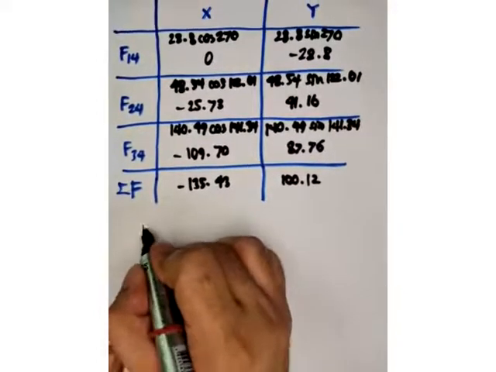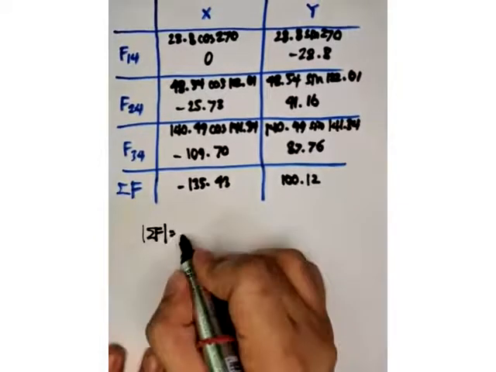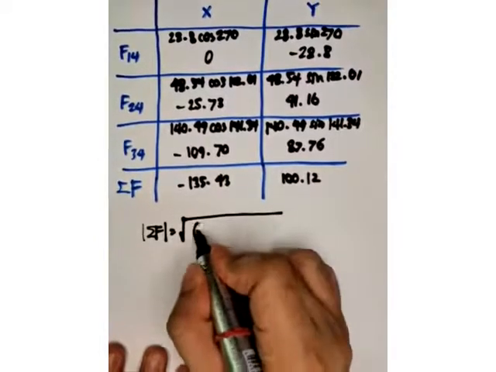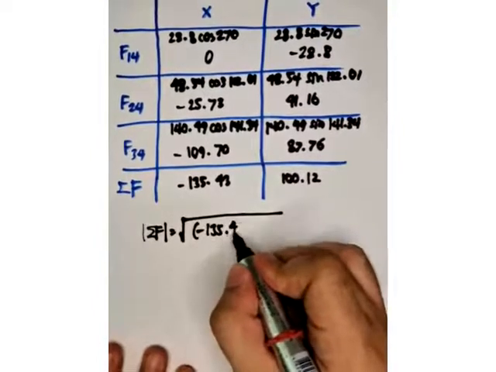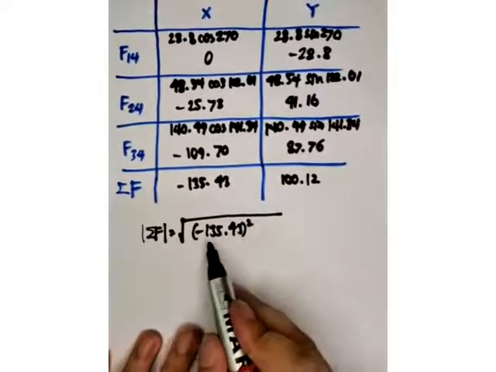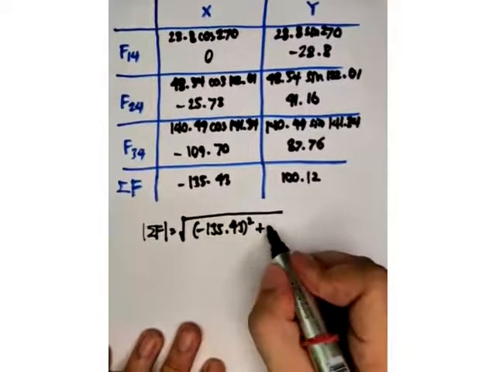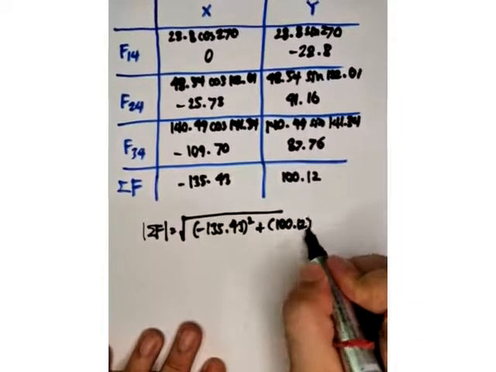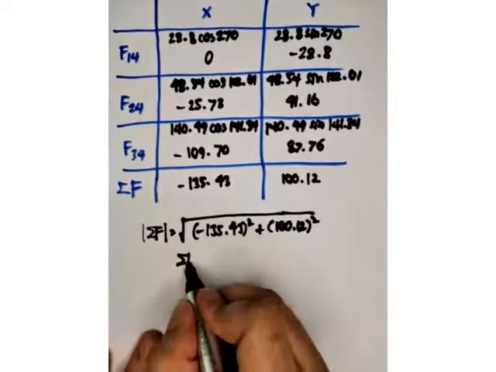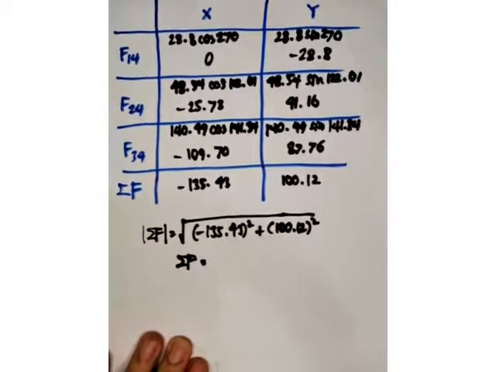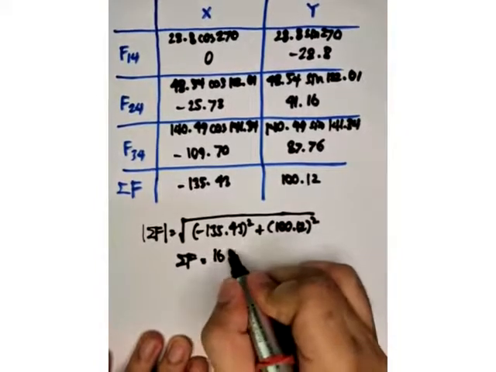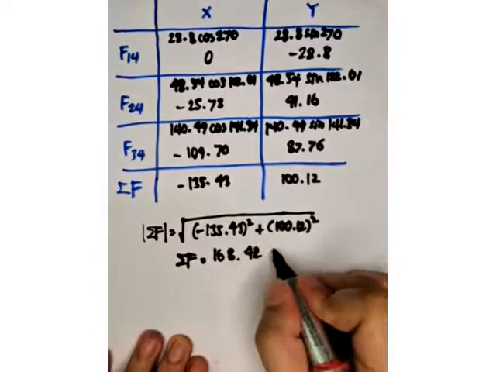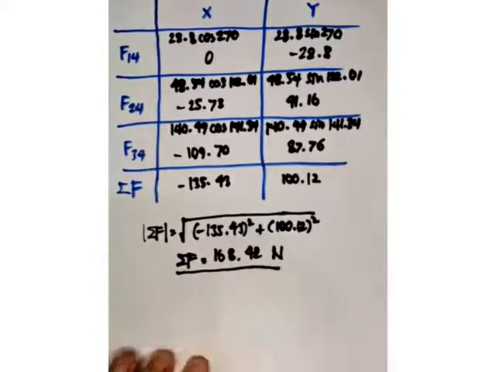So, kunin na natin yung magnitude. So, the magnitude of the resultant force or the net force is equal to the Pythagorean theorem. So, that's square nyo to plus yung square nun. Then evaluate. So, the magnitude of the force is 168.42 Newton. Okay?